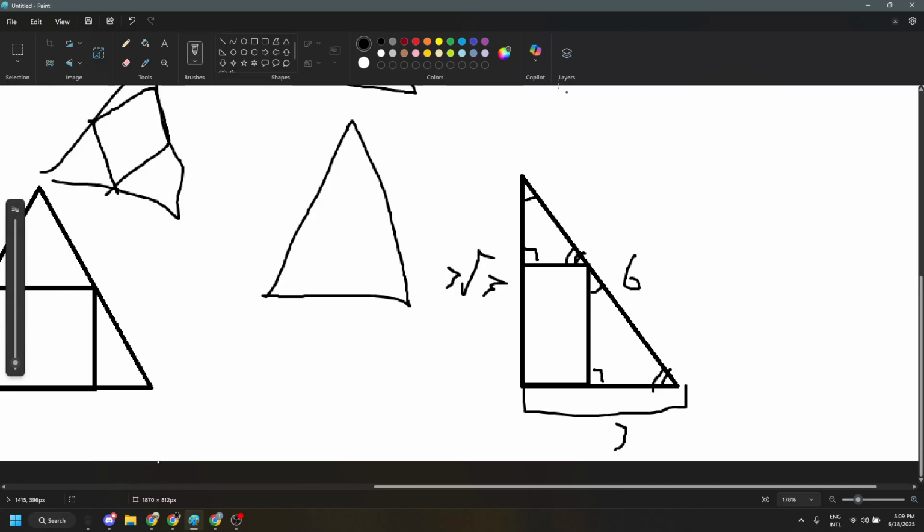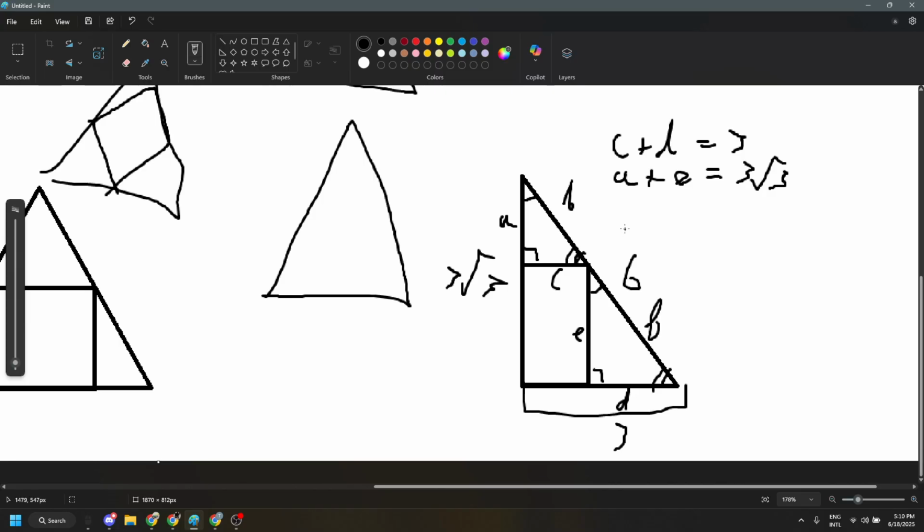Okay, so let's call this A, this B, this C, this D, this E, and this F. We know that C plus D is equal to 3. A plus E is equal to 3 root 3.